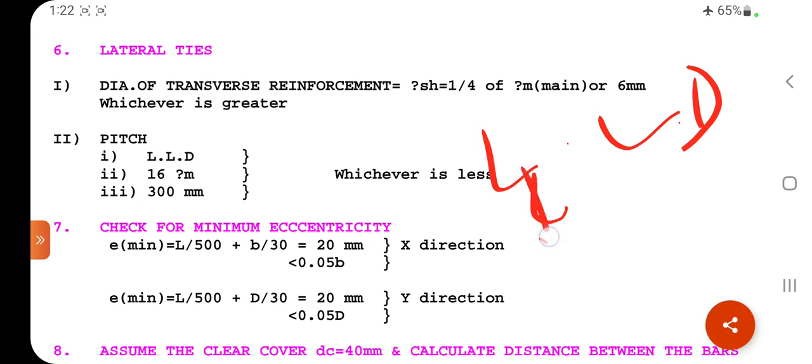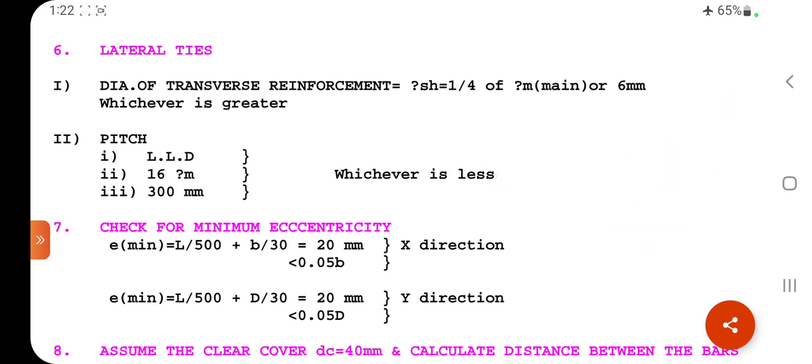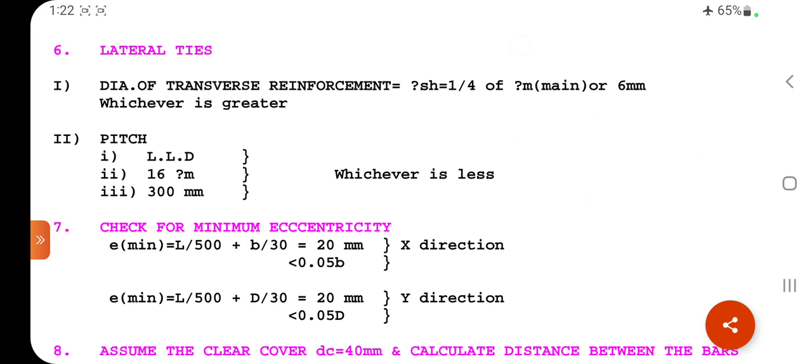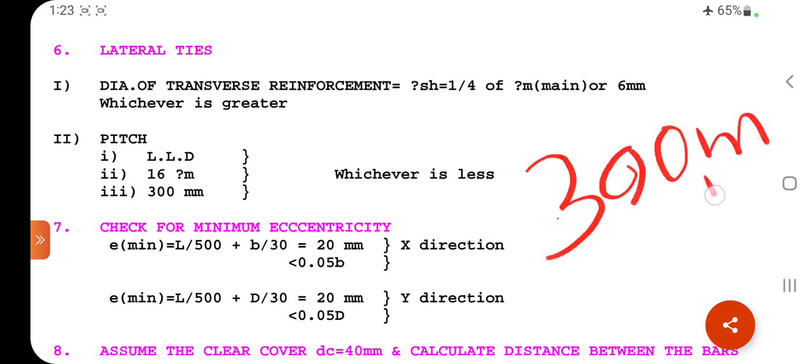Width means small b into capital D. Now here, the least lateral dimension, suppose I am assuming it as 300 mm. 300 mm means it is the maximum pitch distance for the column.